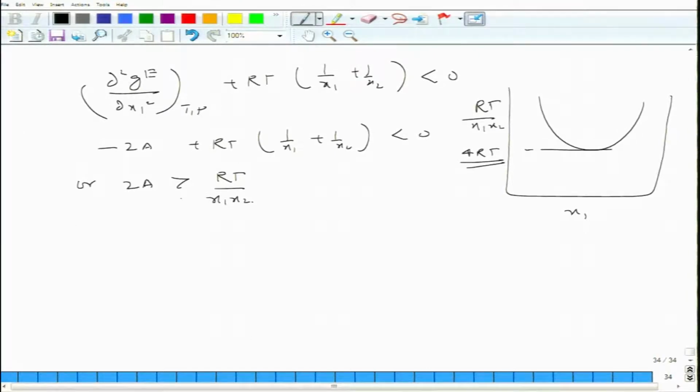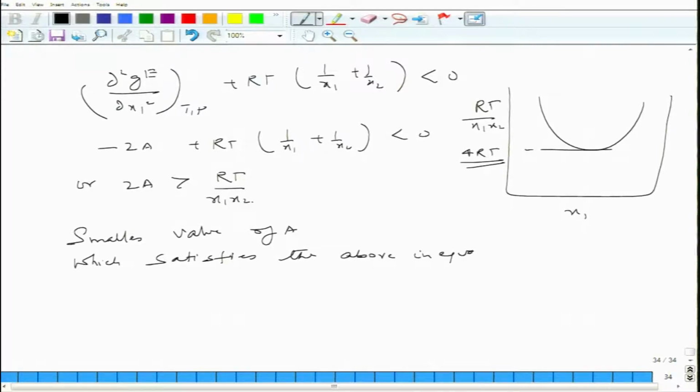So what is the smallest value which satisfies the above inequality? The value of A which satisfies the above inequality is going to be 2 RT, and the corresponding composition is the critical composition.